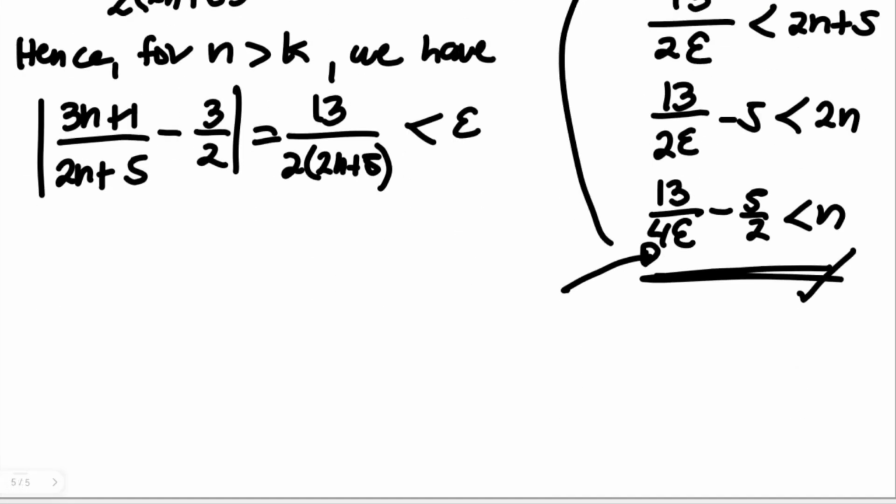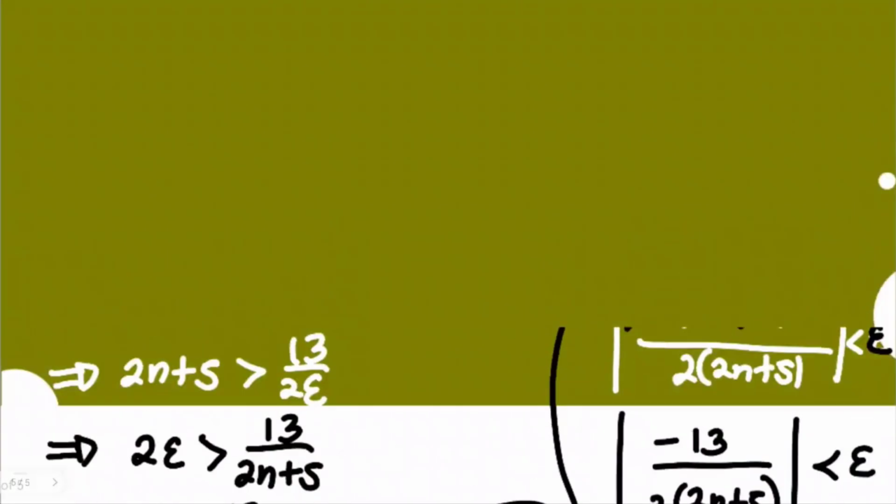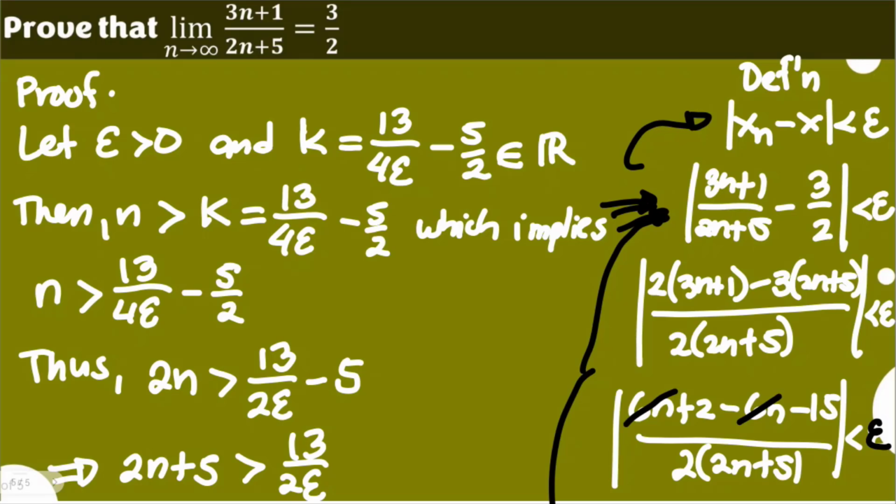Removing this would tell us the final form: 3n plus 1 over 2n plus 5 minus 3 halves is less than epsilon. And then we have reached the intended part of the definition.